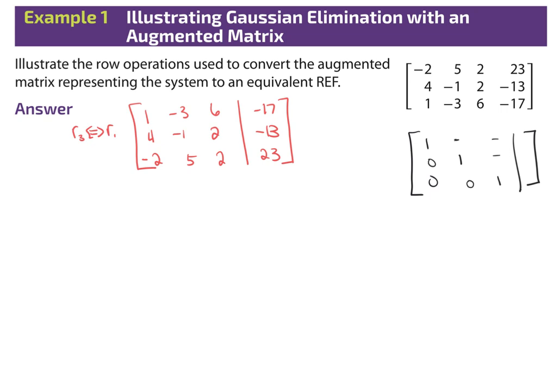So what I typically do is a temporary multiplication. So when I do this, I say, okay, I'm going to take that row. It's not actually going to change, okay? And I am going to temporarily multiply it by negative 4.